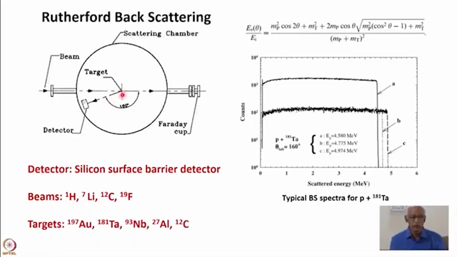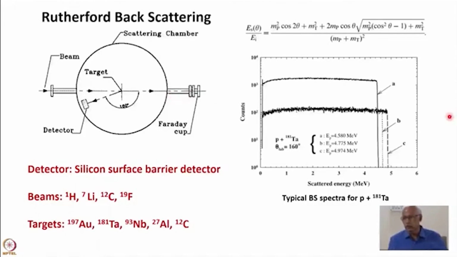At 160 degrees, the highest energy corresponds to the particles scattered from the surface, almost from the surface, and therefore target thickness does not come in. So any uncertainty in the target thickness or any impurity in the target will not be factored into the error in the measurement of the K value, and therefore of the energy of the particle.